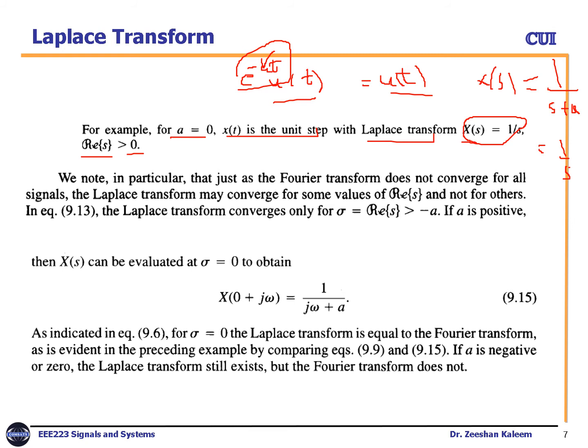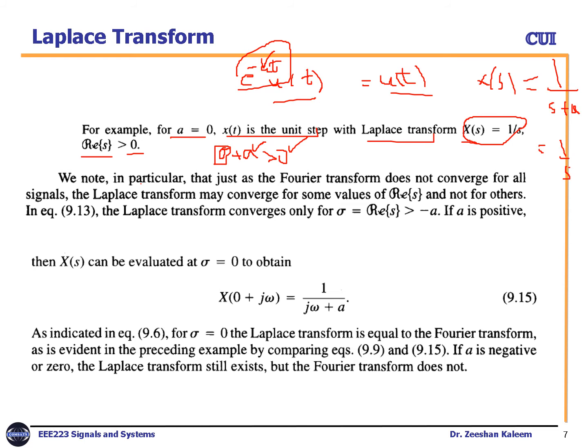Why should the real of s be greater than 0? You know that sigma plus a is greater than 0. So when you put 0 here, because sigma is the real of s, the real of s should be greater than 0.